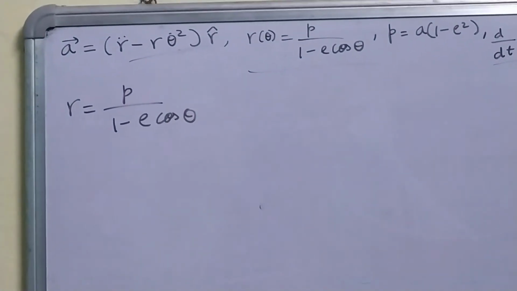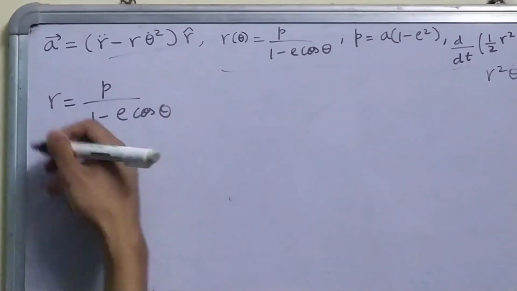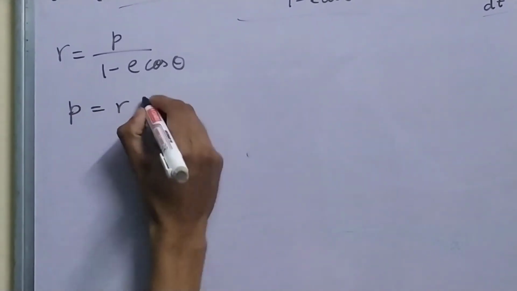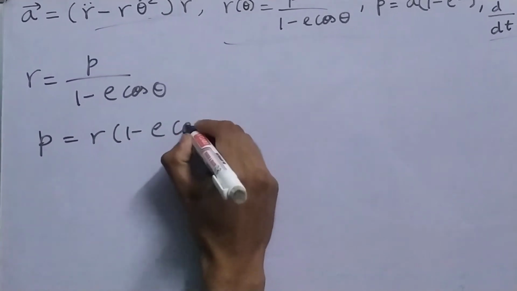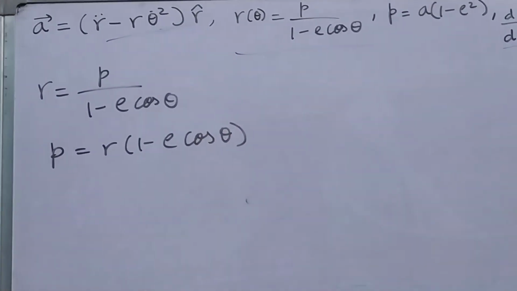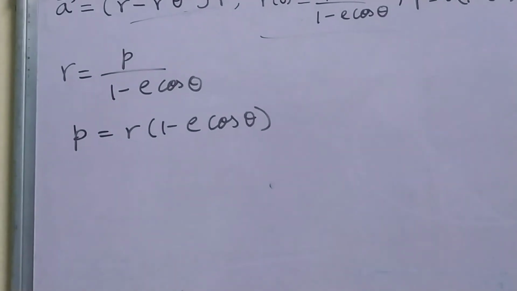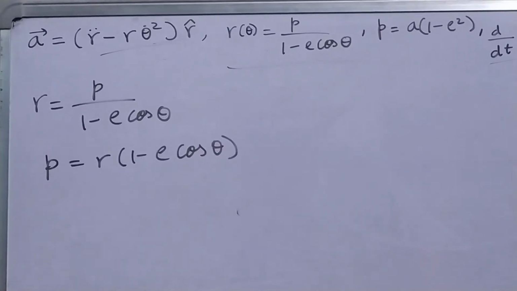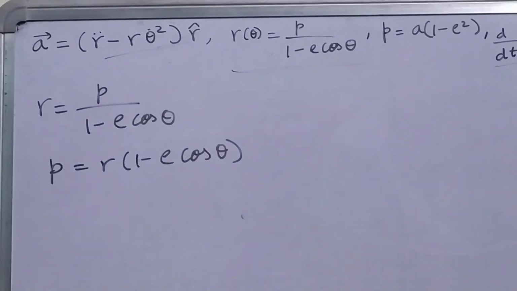So the formula for r gives p as r times 1 minus e cos theta. Now we differentiate, and since p is a constant, the left side will become 0.